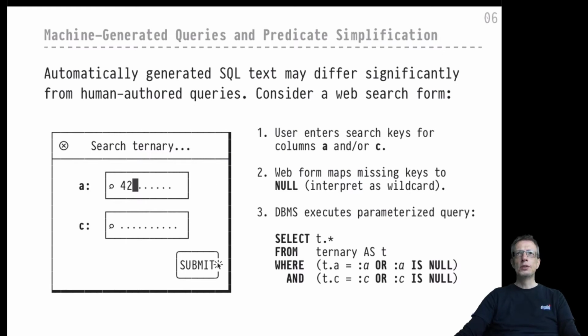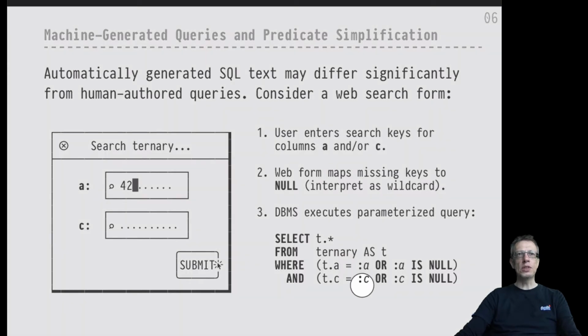All right, so let's assume that the values entered in these two search fields end up in these two variables :A and :C here. And they appear here again. The value entered in the A search field will be represented in :A, and the value entered in the C search field will be evaluated as :C in our query.